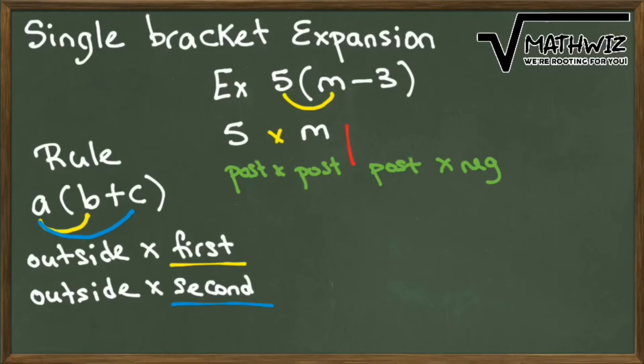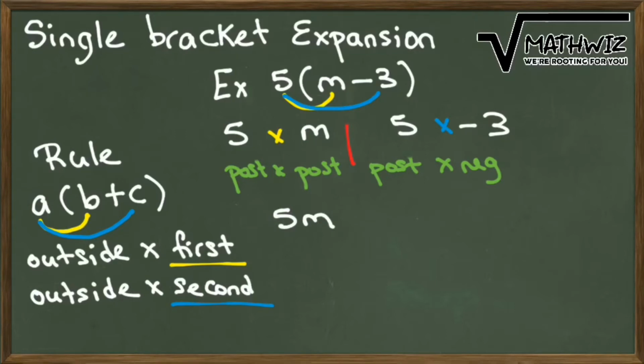We then would have the outside multiplied by the second on the inside, and so we would have 5 multiplied by negative 3. So again, we have a positive multiplied by a positive, so 5 times m will give us positive 5m, right? Because a positive times positive is positive, and 5 times m is 5m.